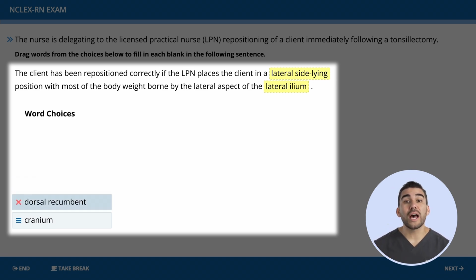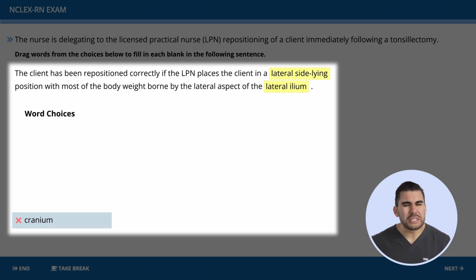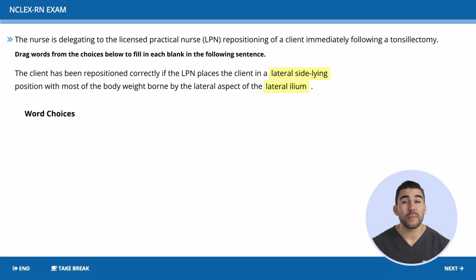Also, the dorsal recumbent position is contraindicated. It places the client on their back once again. Now, the last option is incorrect because the cranium position, this is weird, if the client is on their back, weight distribution would rest on the cranium, which is not a good thing, and it could also compromise the airway.